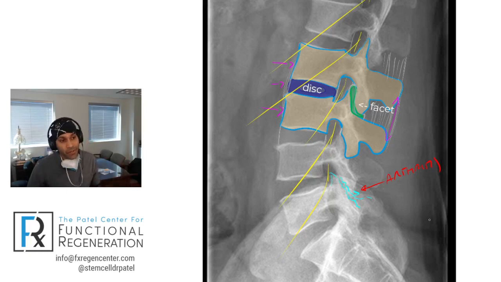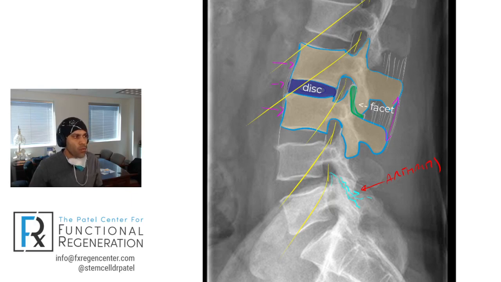Now, does arthritis equal pain? Well, just like we've talked about in previous videos, disc degeneration or degenerative disc disease does not necessarily equal pain. Similarly, degenerative joint disease or osteoarthritis does not necessarily equal pain. It is very common. Again, it's the body's reaction to its environment.